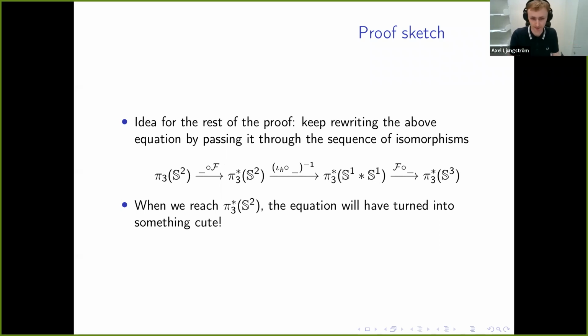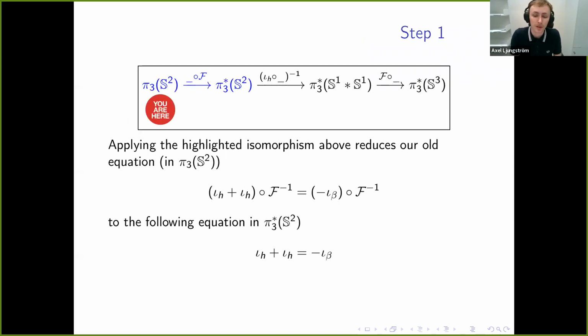I don't have any details. I can't go into detail, of course. But okay, there's a little roadmap here. We're starting in here. Our equation looks like this. Now we want to see what happens if we compose with F, the isomorphism between S1 join S1 and S3. We take this element and compose it with F, and take this element and compose it with F. That gives us a corresponding equation, but over here instead.